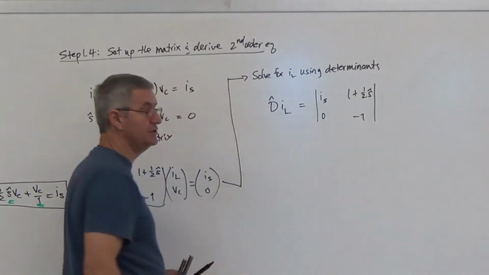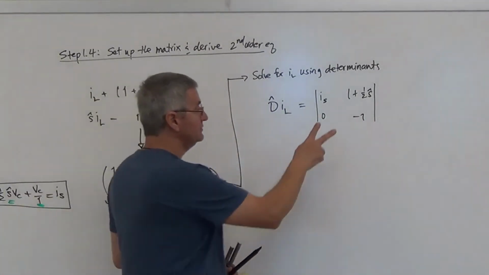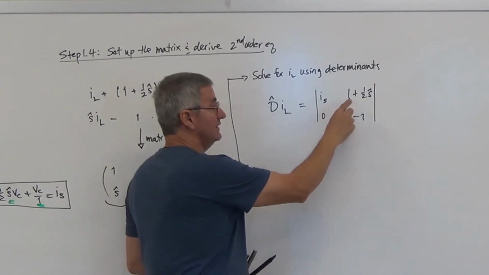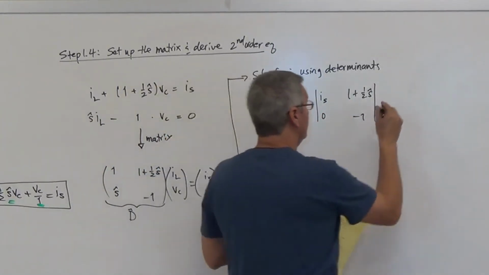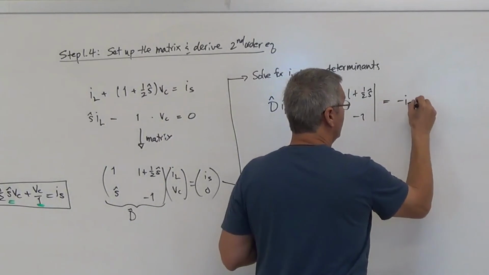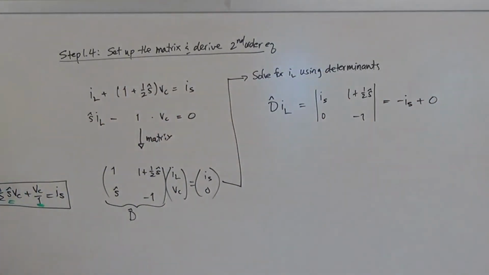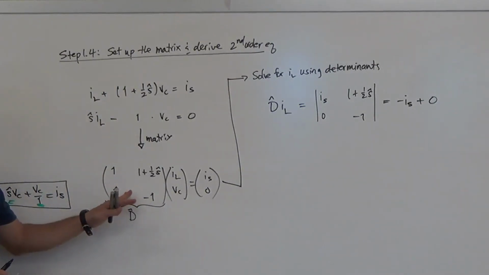Now if I take the determinant of this thing here, this term is going to give me minus IS times 0. So then I'm going to get minus IS plus 0. So I know the right side completely. Now what's left is to take the determinant of D. How do I take the determinant of D?